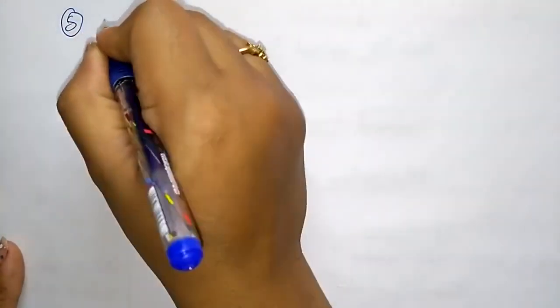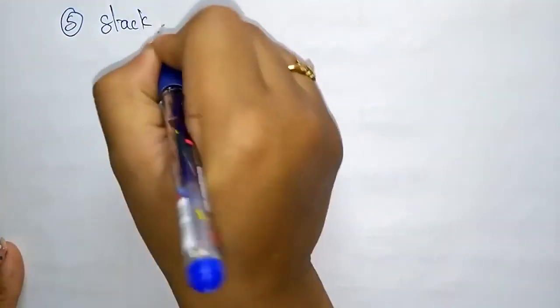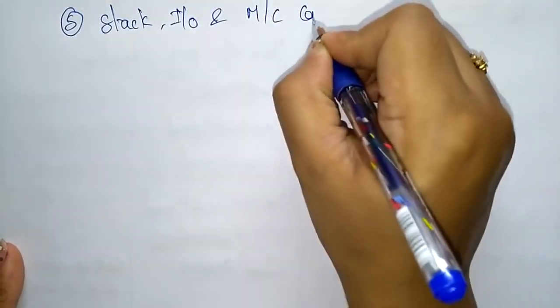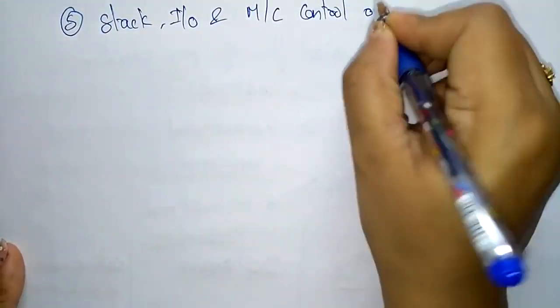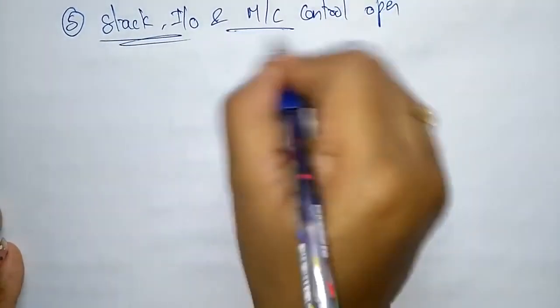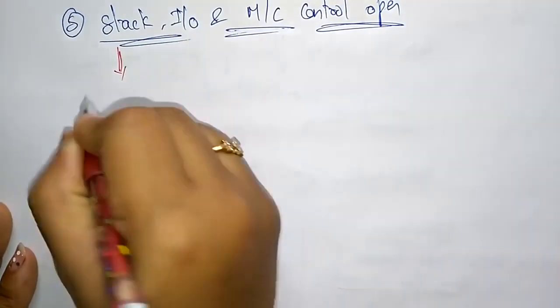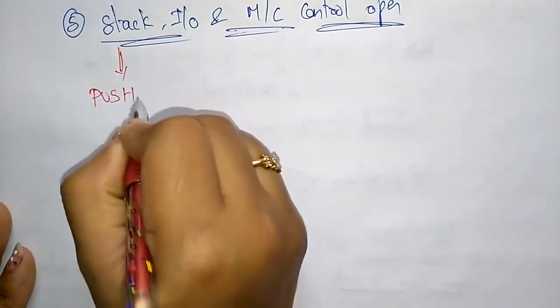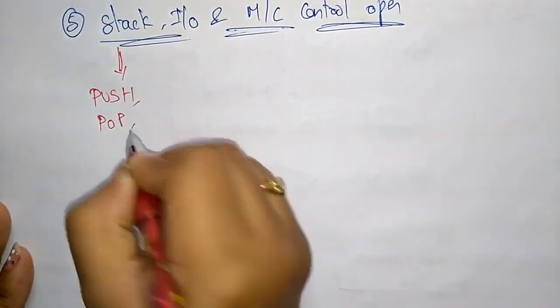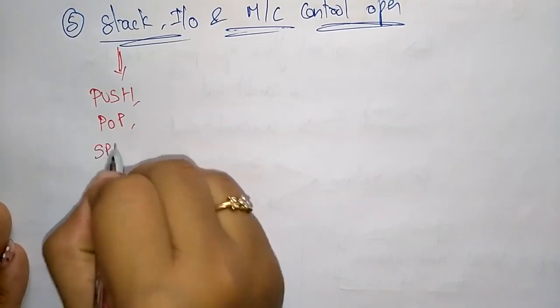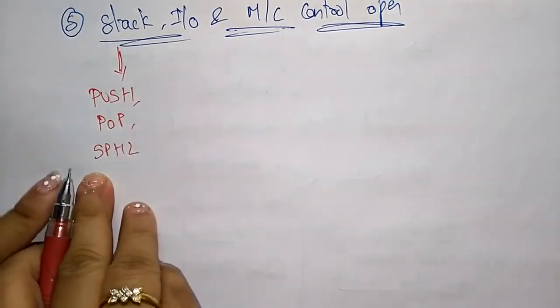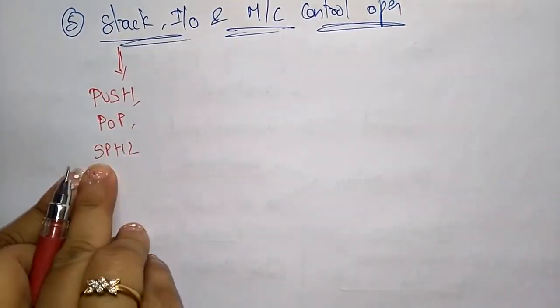Now let us see the last instruction set, that is stack, input, output and machine control operations. Everyone knows the stack operations are PUSH and POP. SPHL means move the content of H and L to the stack pointer.